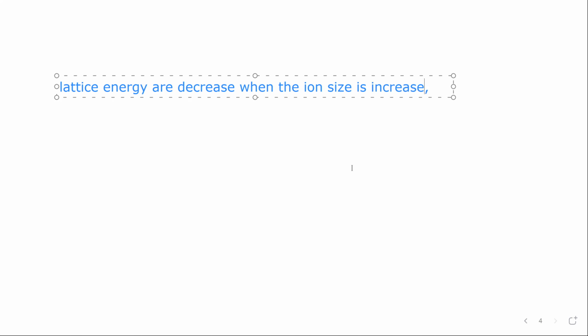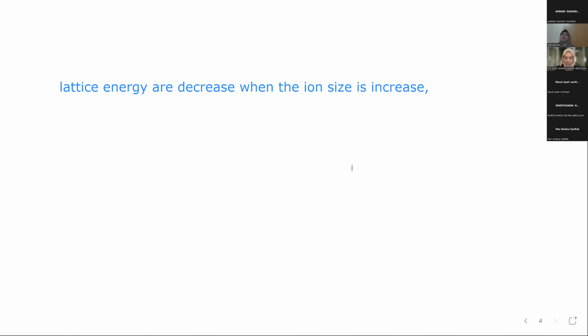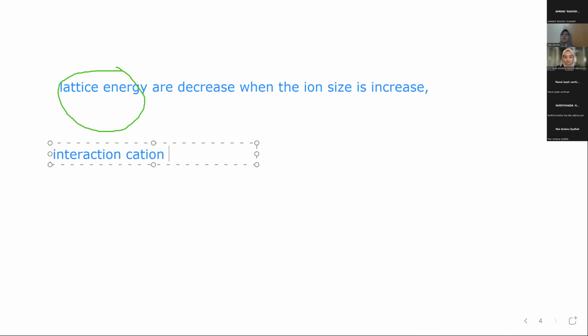Lattice energy is about the interaction between cation and anion.